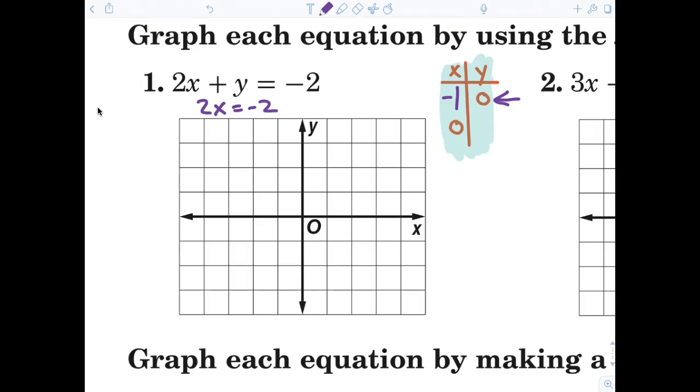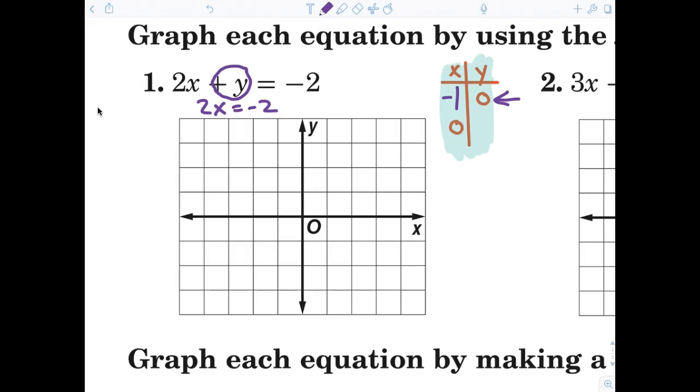I'll say it one more time. To find the x-intercept, I plug 0 in for y. In other words, I let this be 0. Now, 2x equals -2. So if 2x equals -2, x has to be -1.